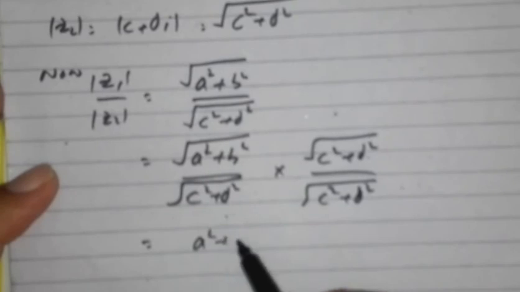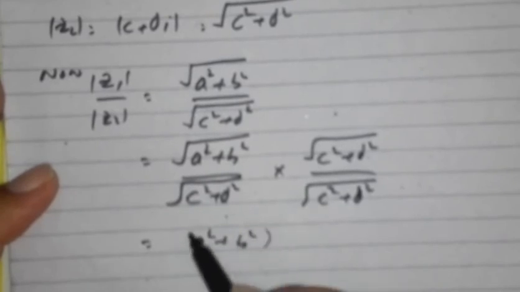So here we get a square plus b square into c square plus d square whole under the root, and this c square plus d square into c square plus d square whole under the root.